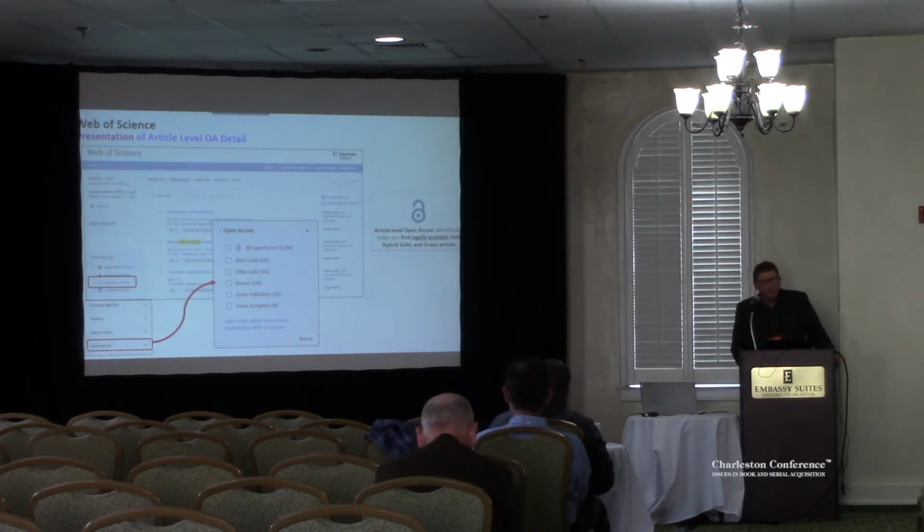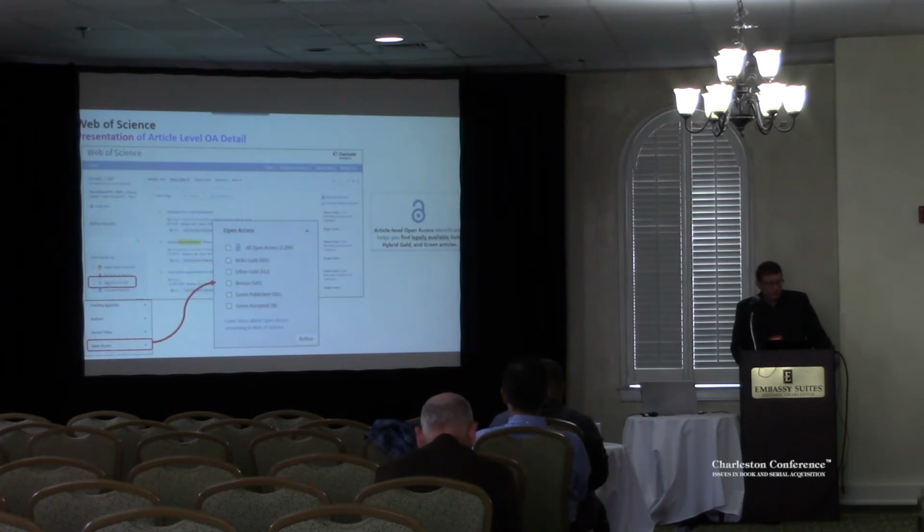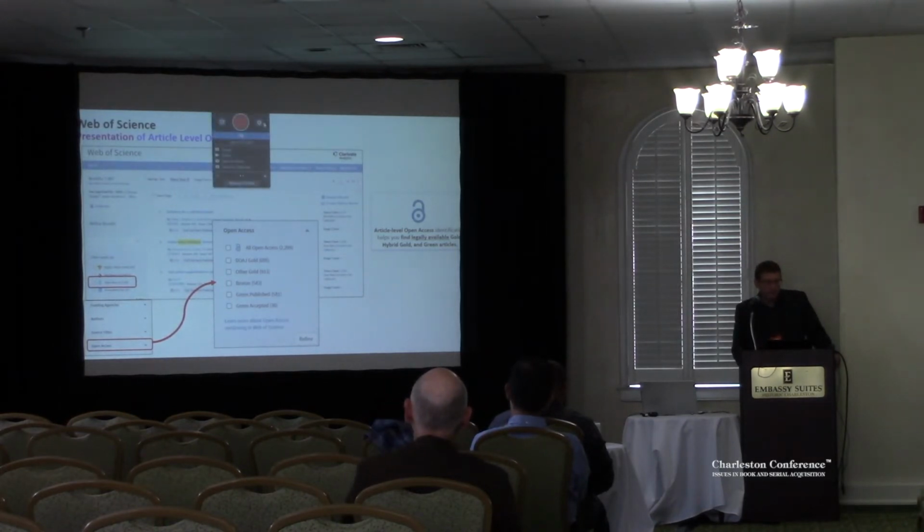But for any search in Web of Science, there is an OA filter. So search, in this case I did climate change and water resources, filter on open access, which would reveal those articles that are solely open access or available at least in open access. Let me close that, sorry about that.